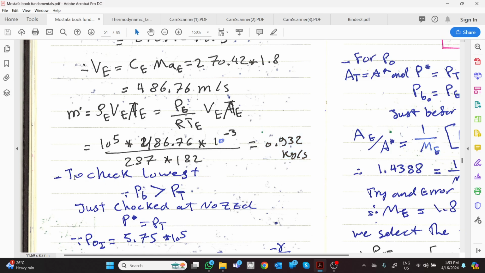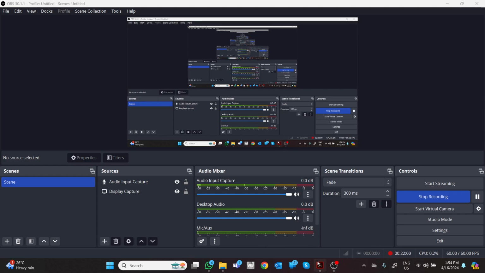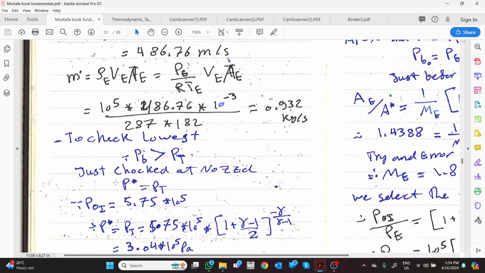Now if I want to check the lowest back pressure that will create no choke at the nozzle, or just make the choke, which means P throat equals P back.